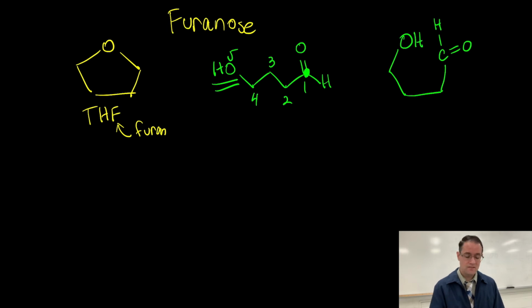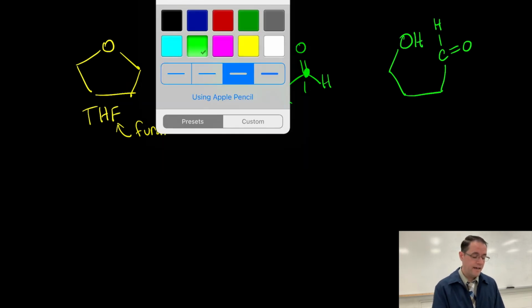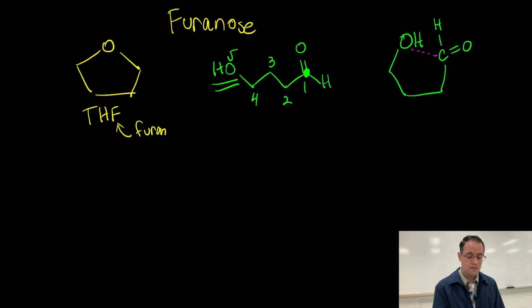Okay, so again, this is an addition reaction. We want to add this oxygen to the carbonyl carbon, and we want to take that hydrogen and add it to the oxygen, all right? And the double bond goes away to a single bond. And so that's going to give you, after a cyclization, a structure that looks like this.